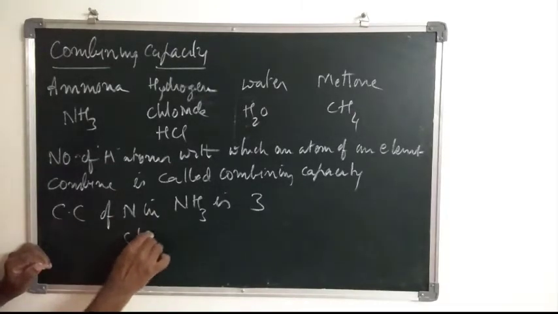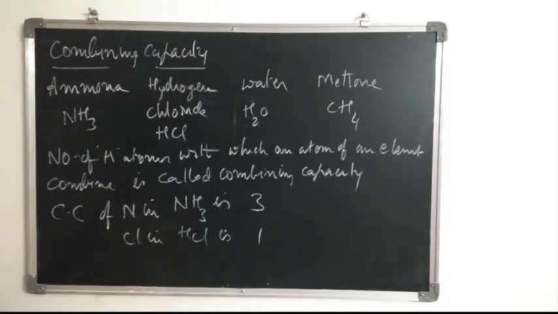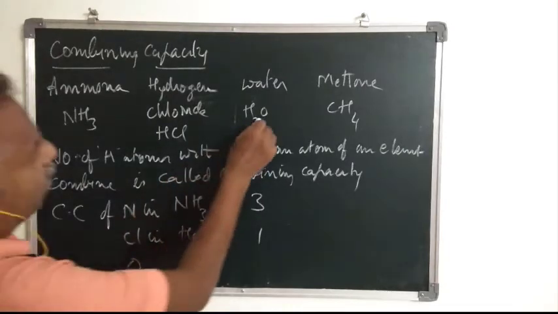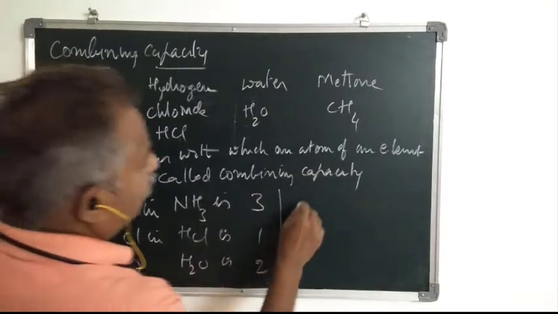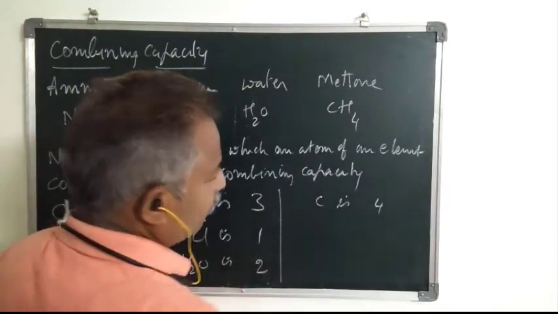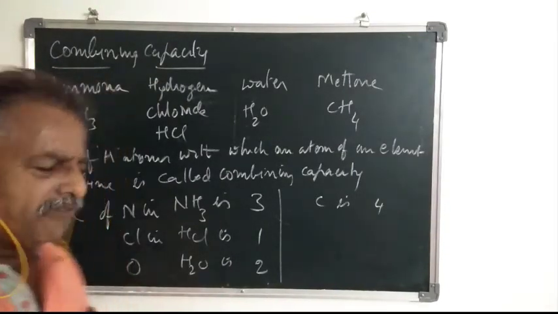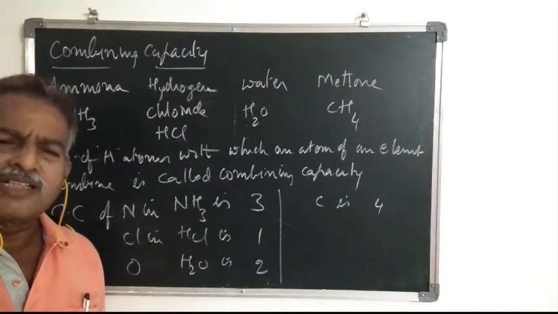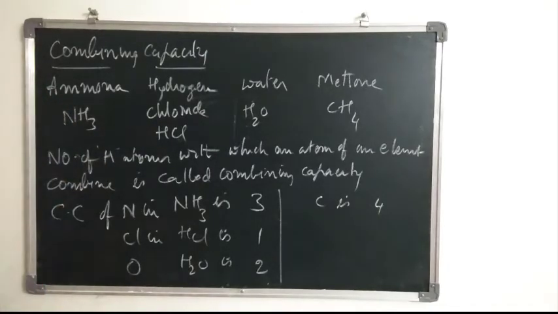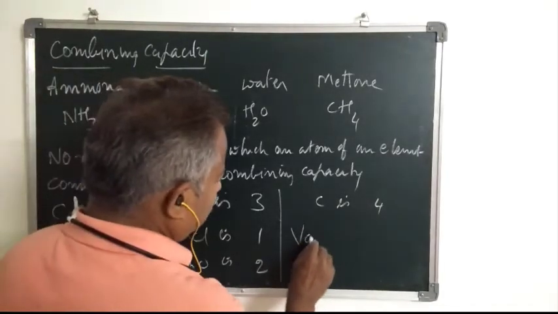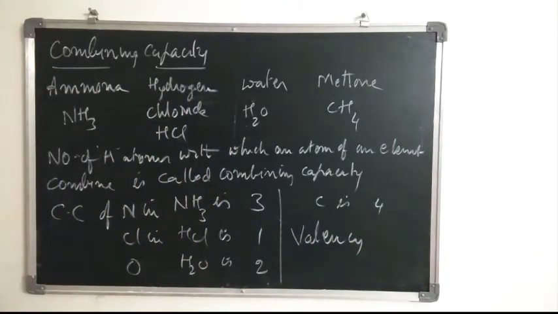Combining capacity of chlorine in HCl is 1 because one chlorine atom combines with 1 hydrogen atom. Similarly, combining capacity of oxygen in H2O is 2. Combining capacity of carbon in methane is 4. Thus we can find the combining capacity by seeing with how many hydrogen atoms one atom of the given element combines. Combining capacity is also referred as valency.